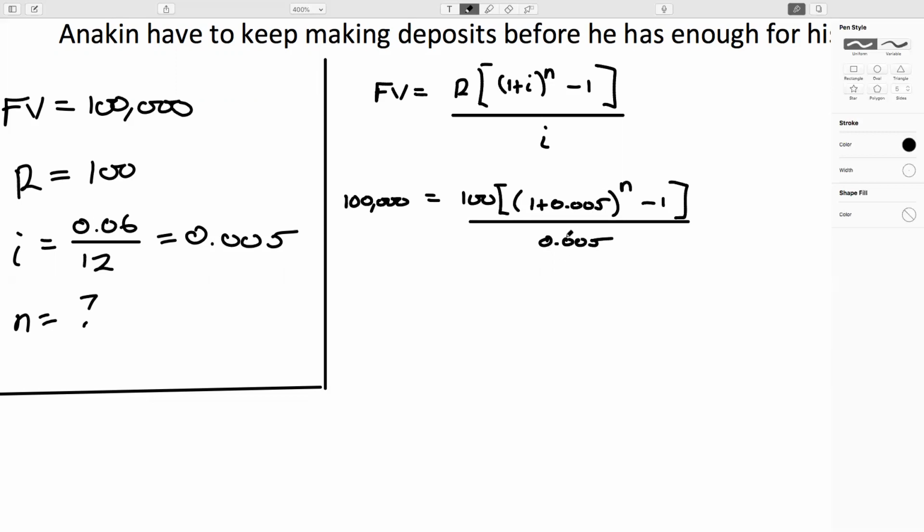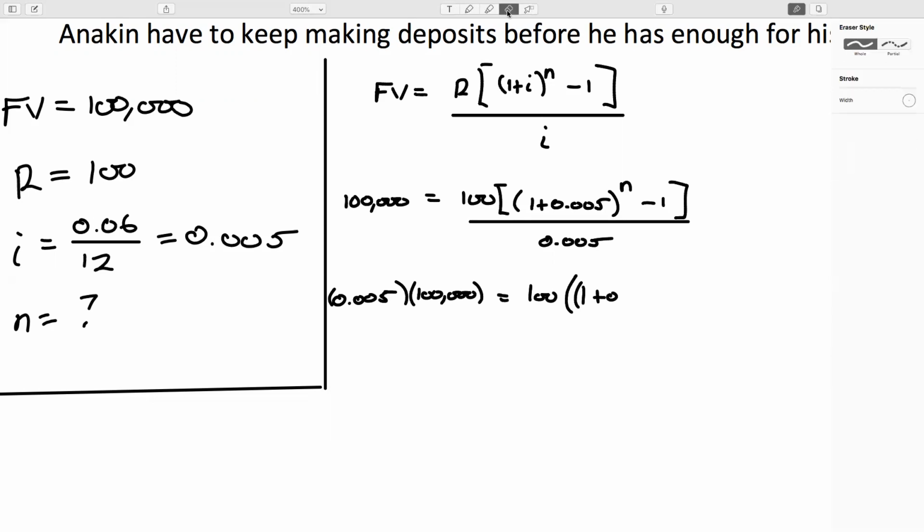So I'm going to multiply by 0.005. 0.005 times 100,000 equals 100 times 1.005 to the power n minus 1.